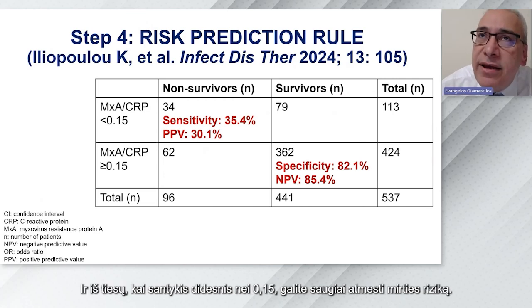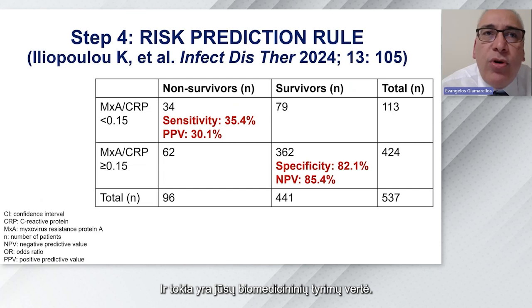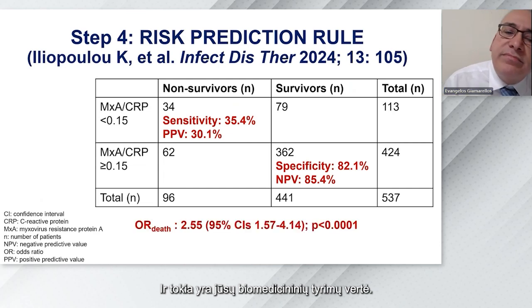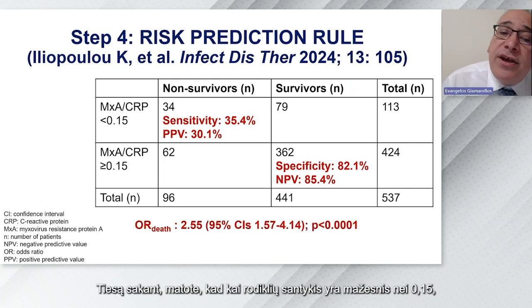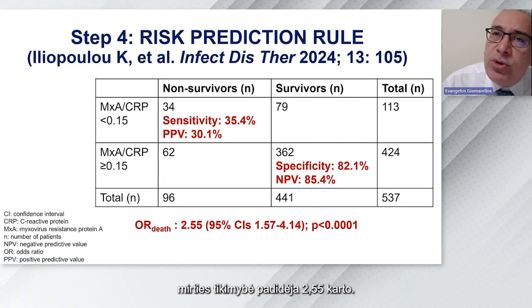And indeed, with a ratio more than 0.15, you may safely rule out the risk of death. And this is the value of your bionet. As a matter of fact, you see that a ratio less than 0.15 increases the risk of death by 2.55-fold, statistically significant.